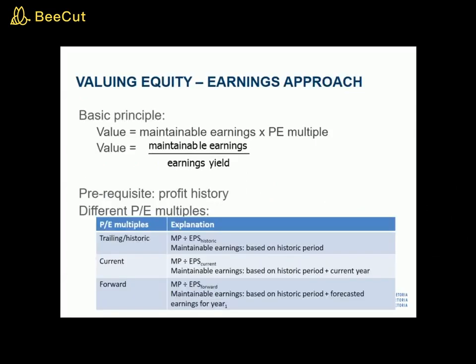So building on this particular concept, when we're looking at FPS 705 and an earnings-based approach, which is the first approach we're going to introduce you to, we've got two different multiples as last year that we can use. Number one, we can use a price earnings multiple, or we can use an earnings yield multiple. If we're using an earnings yield, we've got to divide my maintainable earnings by the earnings yield to get my value of equity.